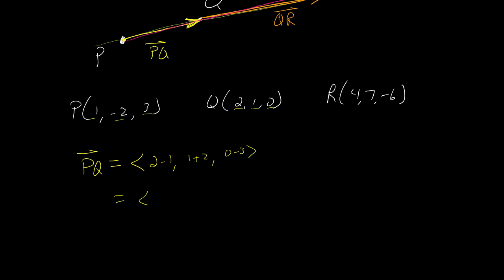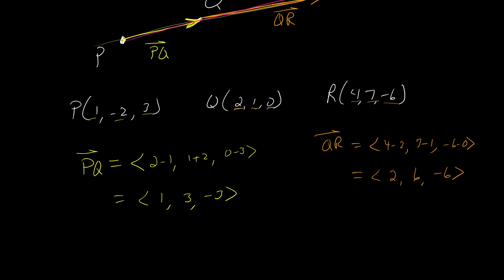So that is 1, 3, -3. Great. Now let's find QR. That's 4 minus 2 for the first component, 7 minus 1 for the second component, -6 minus 0 for the third component. So that is 2, 6, -6.